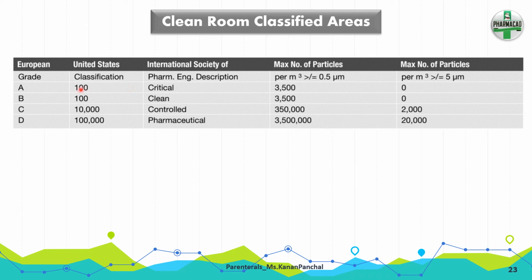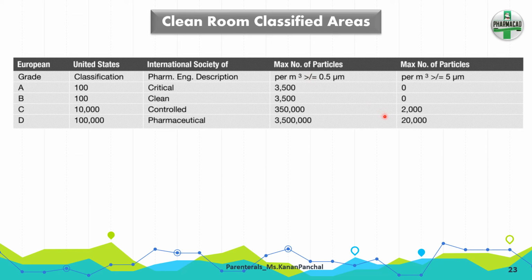Now grade A means that they should not be more than 3,500 particles per cubic meter of size 0.5 micron. Grade C means that they cannot be more than 350,000 particles of 0.5 micron per cubic meter.